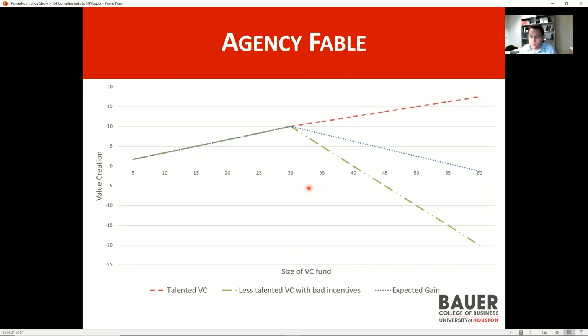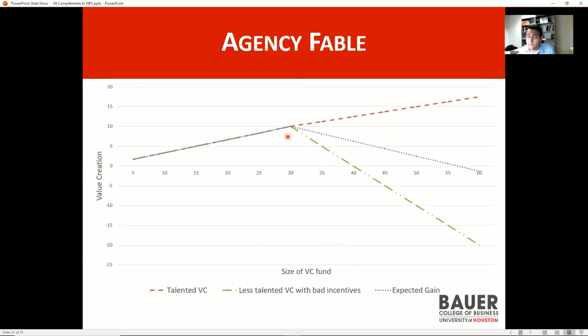Now, the agency problem shows up when VCs maybe don't look so hard, or maybe they don't work so hard with the money that they're given. Okay, so this is what I'm drawing with these two lines here. The red line is a good VC. This VC can find lots of good deals. On the x-axis is the size of the fund, and on the y-axis we have value creation as a function of how big the fund is.